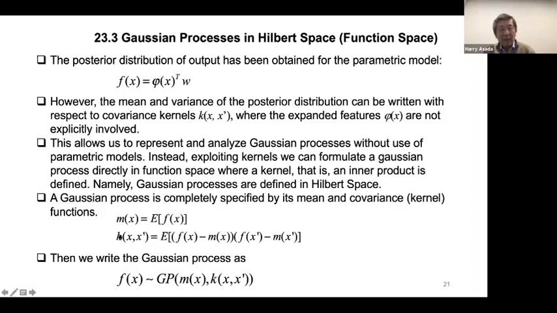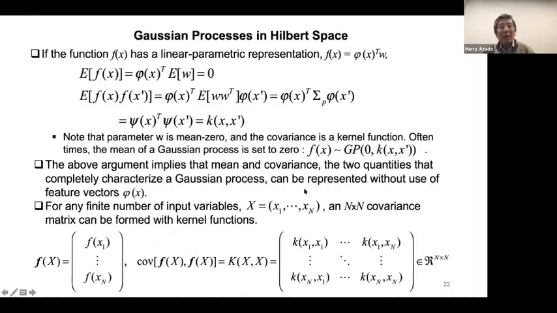This one is given by the kernel functions. Then we write the Gaussian process. This is something you see in some papers, in the literature. F of x is a GP with the mean M and the kernel covariance of x, x prime. So, Gaussian process in Hilbert space.